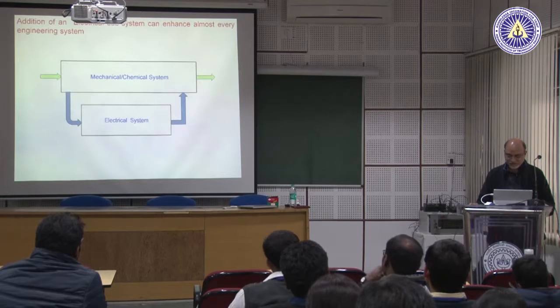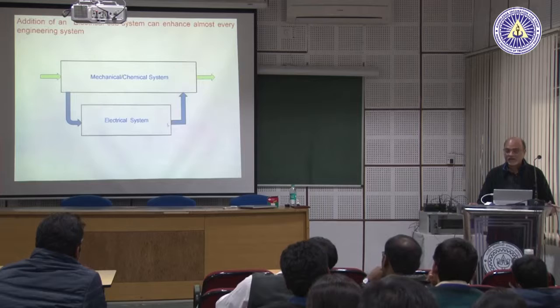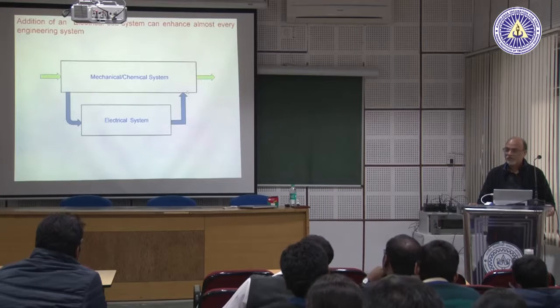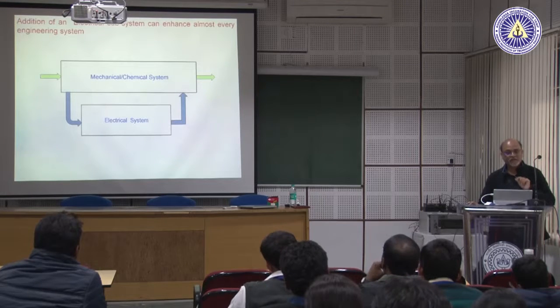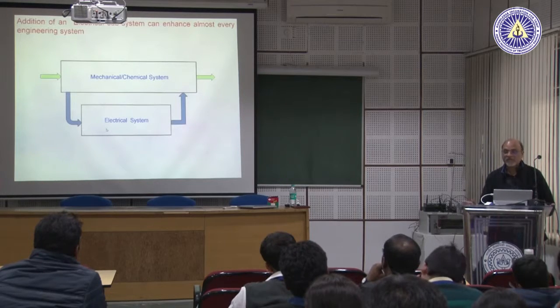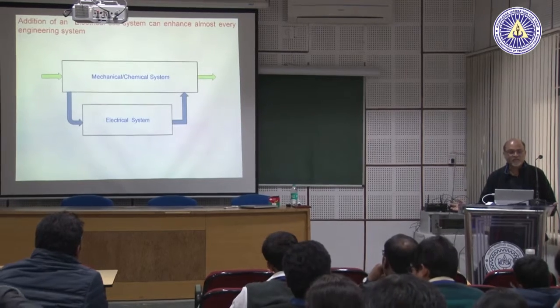So you do your processing in the electrical domain, use an actuator, convert it back, and feed it back into your system. So the point is, every system, mechanical, chemical, whatever you're talking about, can benefit from the use of electrical subsystems here. And that's why, if you pick up any engineering system, you'll find electronics embedded in it.